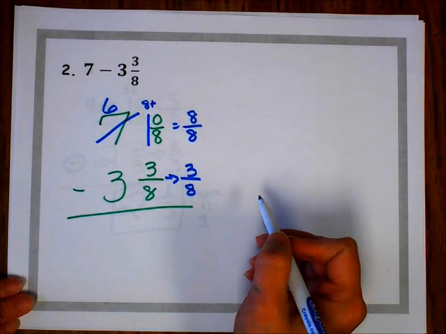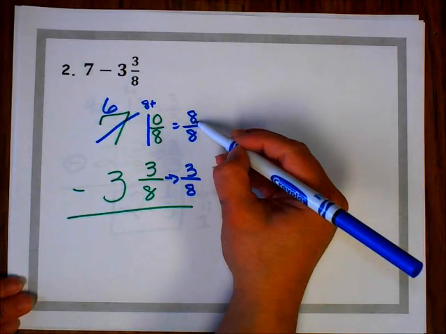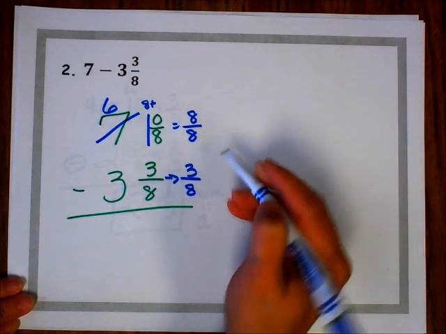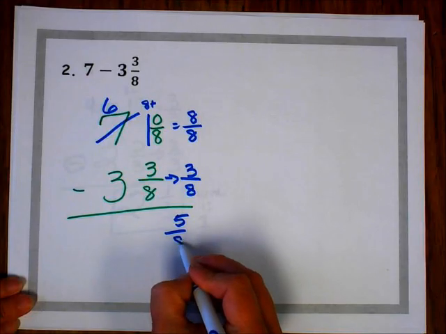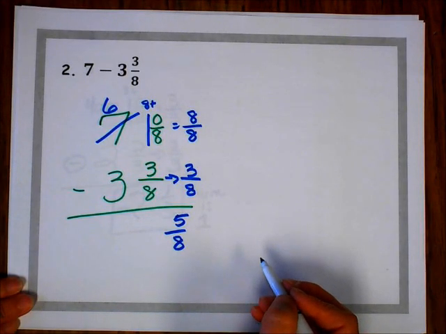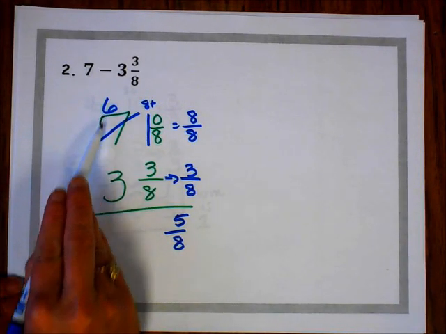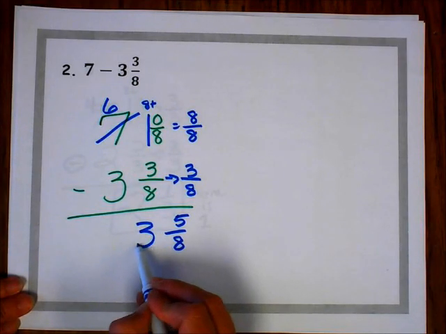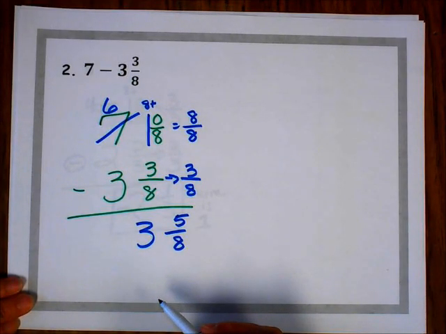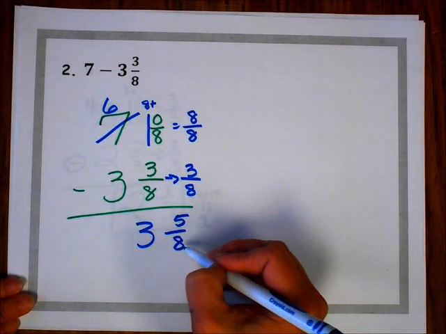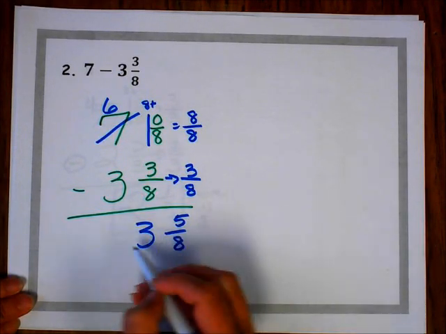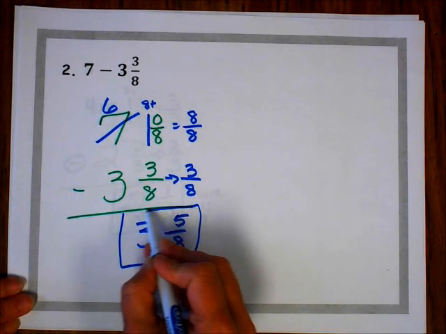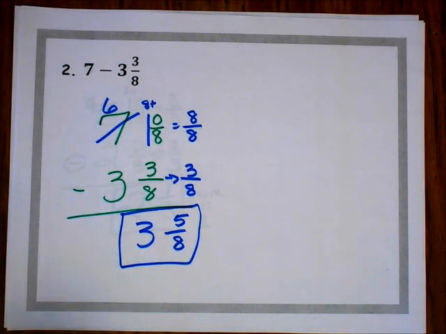Now I'm able to subtract. 8/8 minus 3/8 is 5/8. Now let's subtract our whole numbers. 6 minus 3 is 3. My last step is to see if I can simplify. Numerator's prime will not divide into denominator, so my answer is 3 5/8.